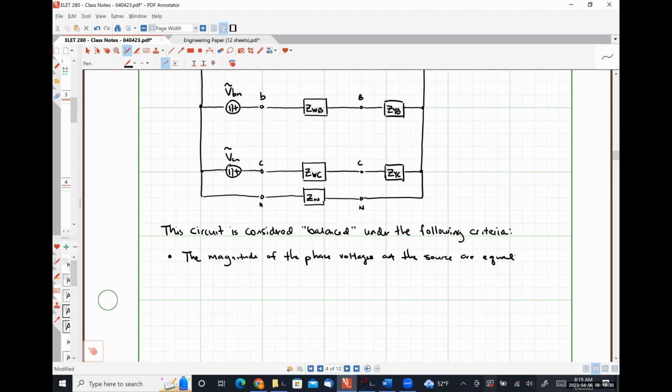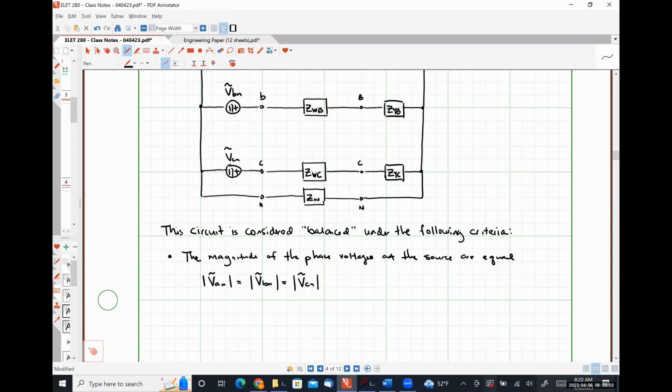This means that the magnitude of the voltage VAN is the exact same thing as the magnitude of the voltage VBN, which is the exact same thing as the magnitude of the voltage VCN. So the magnitude of all of our voltages are equal.